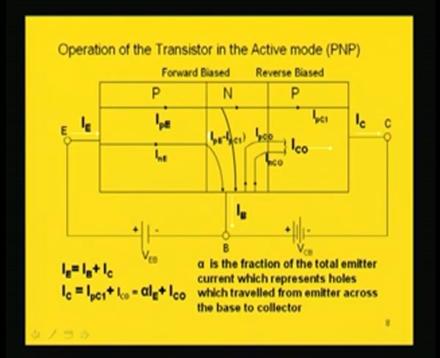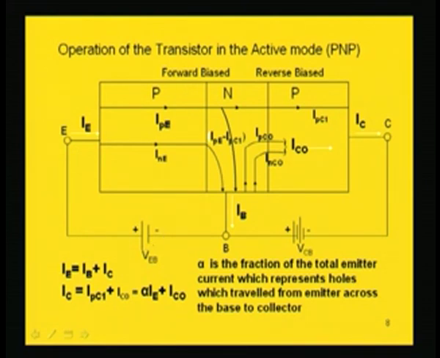This is the portion of the current which is due to the holes which can travel to the collector, but that portion which is recombined in the base region is IPE minus IPC1. This portion is recombined. To replenish this portion of the recombined electrons in the base region, the negative terminal of the potential VB will now be providing electrons.